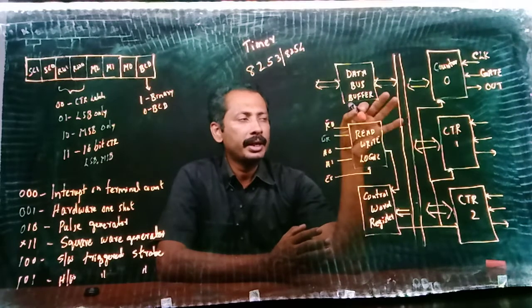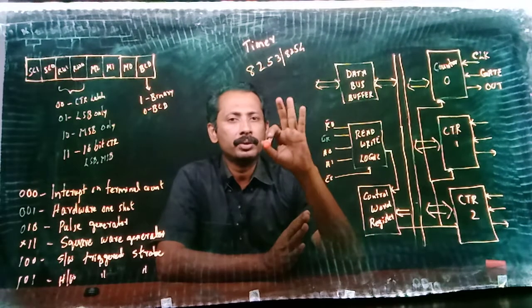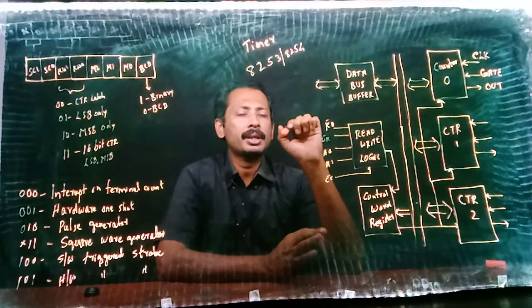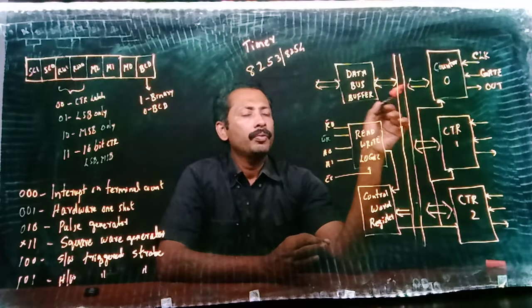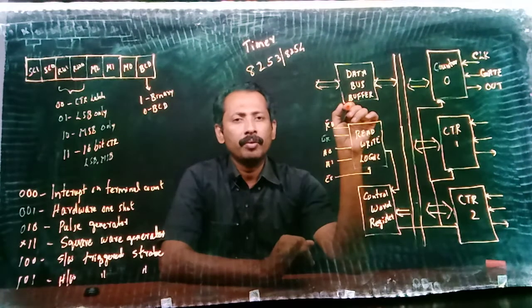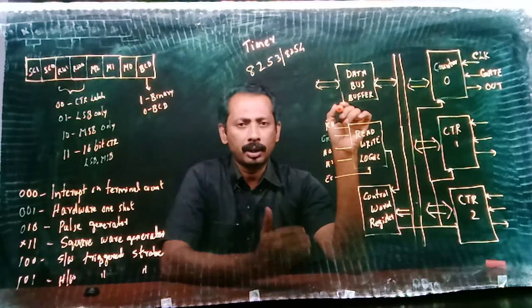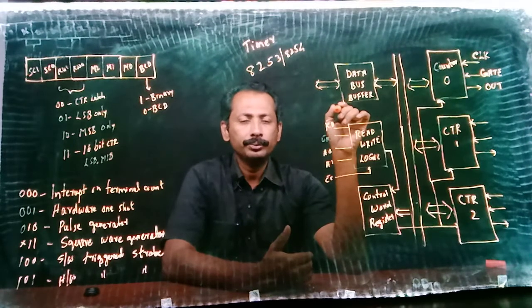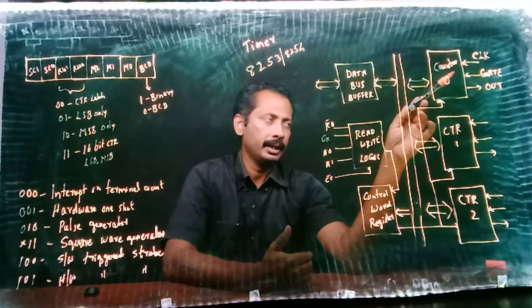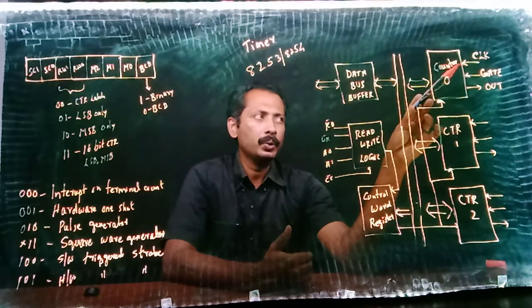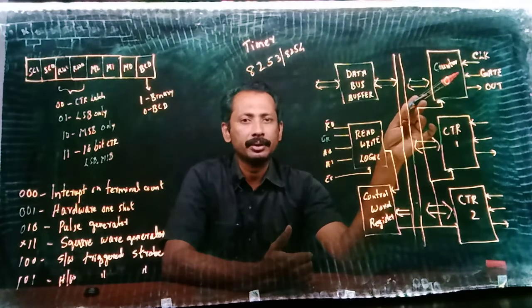For this IC, the logic has 3 steps. The first step is loading the count into the counter. The next step is that we have to enable the clock signal and the gate signal.